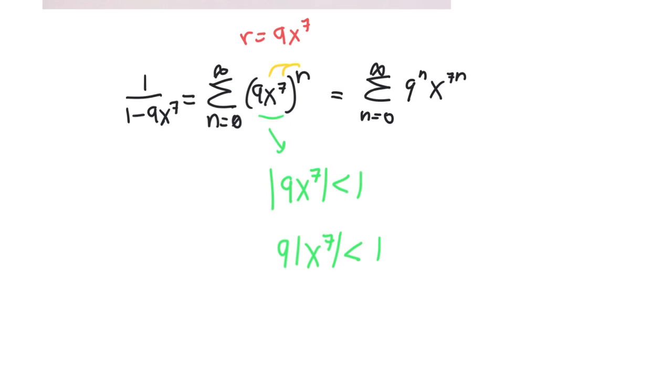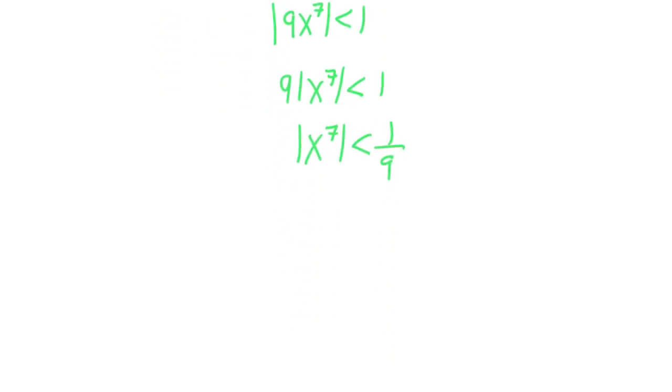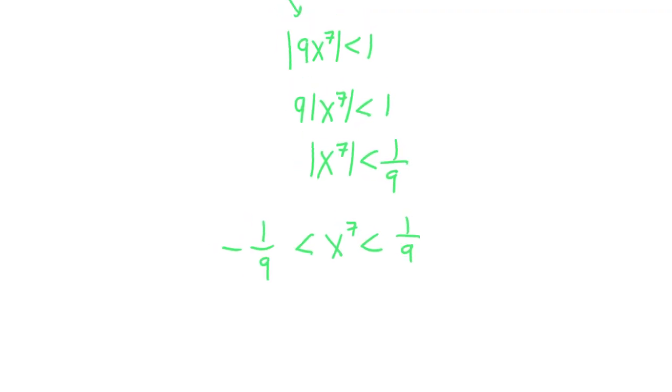Dividing both sides by 9 would give us this. And then dropping the absolute value symbols would give us this. And taking the 7th root of everything would give us the following.